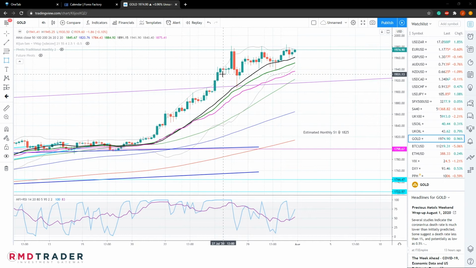So gold broke straight through that, and in fact, that area now becomes our area of support. As we can see, that was the last area where we had gold finding its feet, with the last couple of 4-hour candles now bouncing off this 1,935 level.